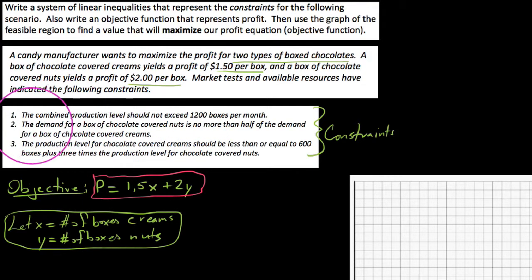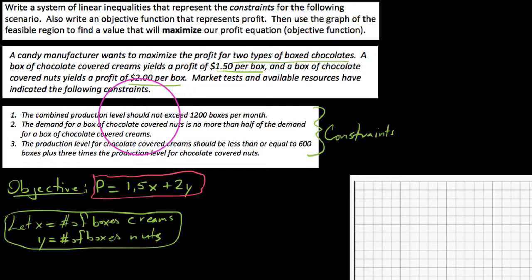So number one, apparently market research shows that the combined production level should not exceed 1,200 boxes per month. Now, when you're solving linear systems, not systems of linear inequalities, in the past we'd say maybe the combined production is exactly 1,200 boxes per month, which would be x, the number of boxes of creams, plus y, the number of boxes of nuts, equals 1,200.